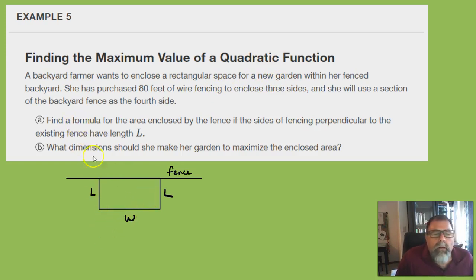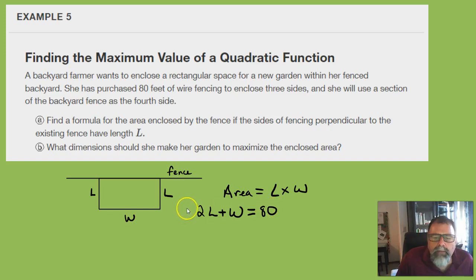Okay, so the area of a rectangle, we should know, is length times width. We also know that we're going to put wire on these sides, and I have 80 feet of wire. So there's 2L plus 1W, because the fence was already here, so it's not going to be 2W, and that is going to be 80 feet. So this is for my wire, right? 2L plus W equals 80.